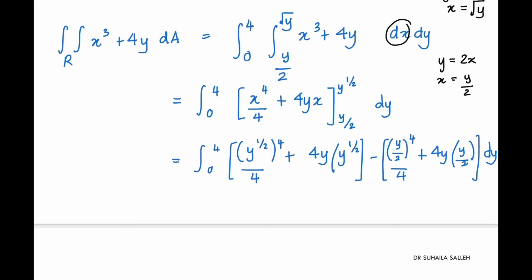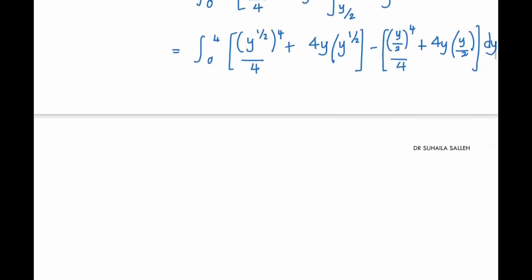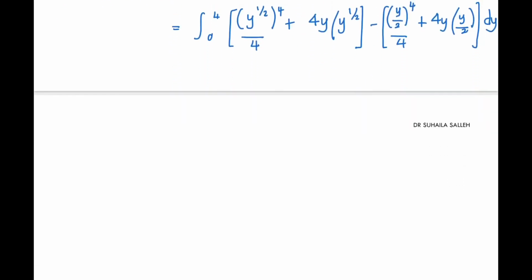Okay, so next, that's a bit tedious there, so I'm going to just bring it down here. So that will be equals to, simplifying.